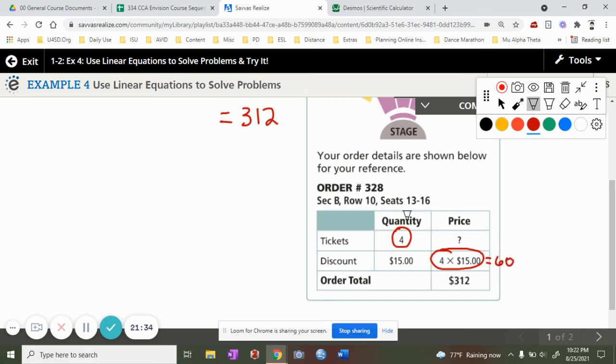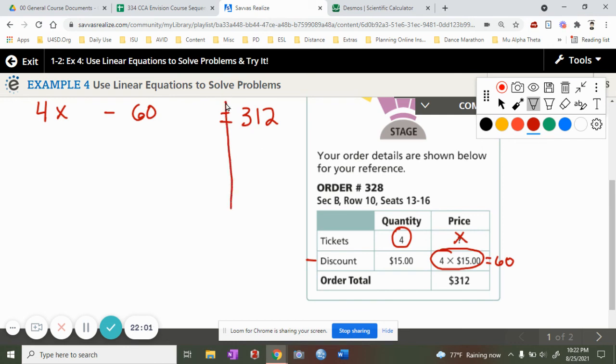So we have 4 tickets with a price of x, and we subtract $60. So 4x minus 60 equals 312. Okay? How much is it per ticket?